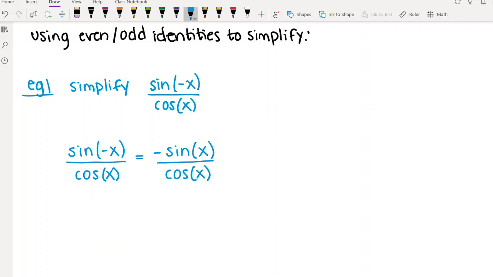Now that the inputs match, we can make use of the identities we know. Sine of x over cosine of x is tangent, so our result is negative tangent of x. It might seem like we didn't really do much, but it's an important distinction to understand that it's not until you have the exact same input in both of the functions that it makes sense to do this simplification.